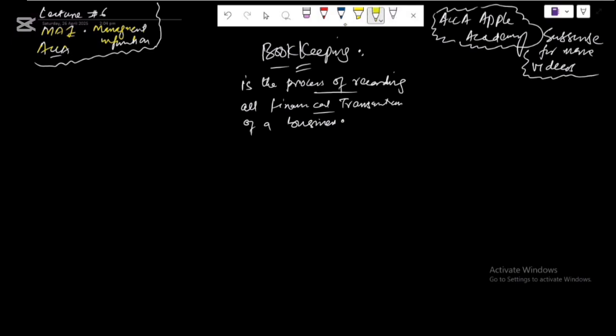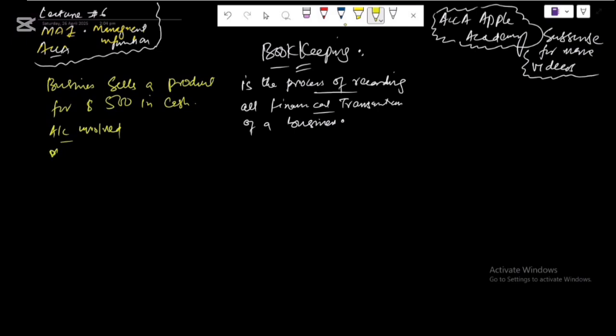Let's say we have a business and the business sells a product worth, let's say, 500, and this is a cash transaction. So the accounts involved here: the first one is your cash account, and that is your asset.